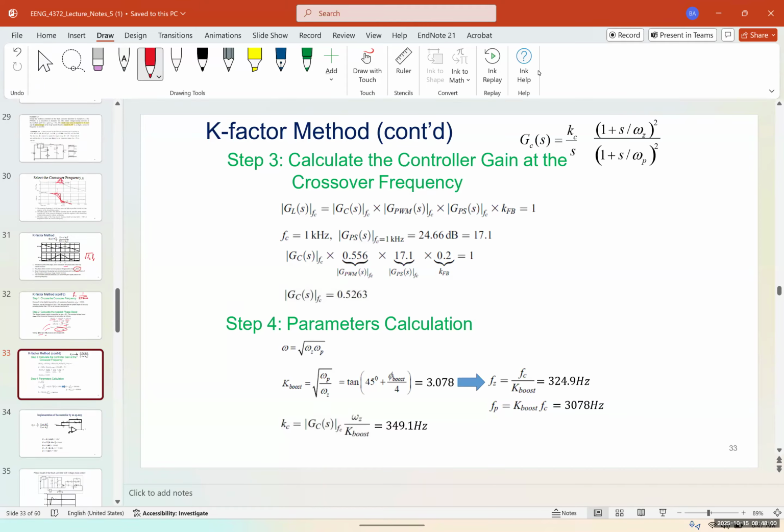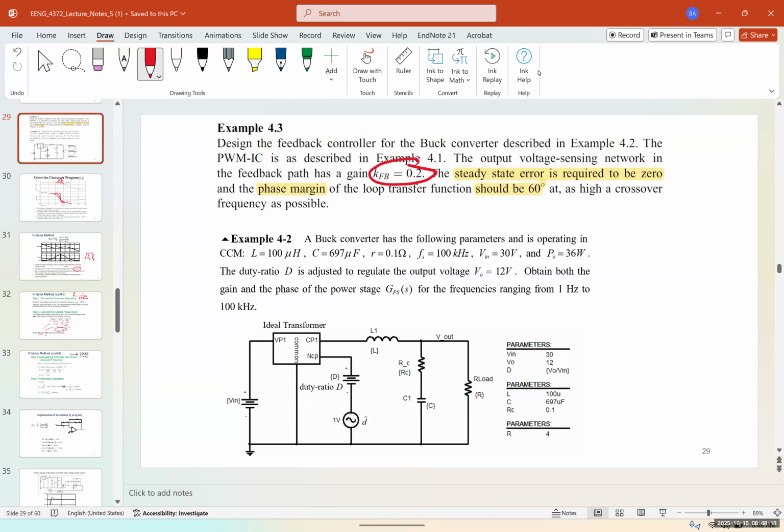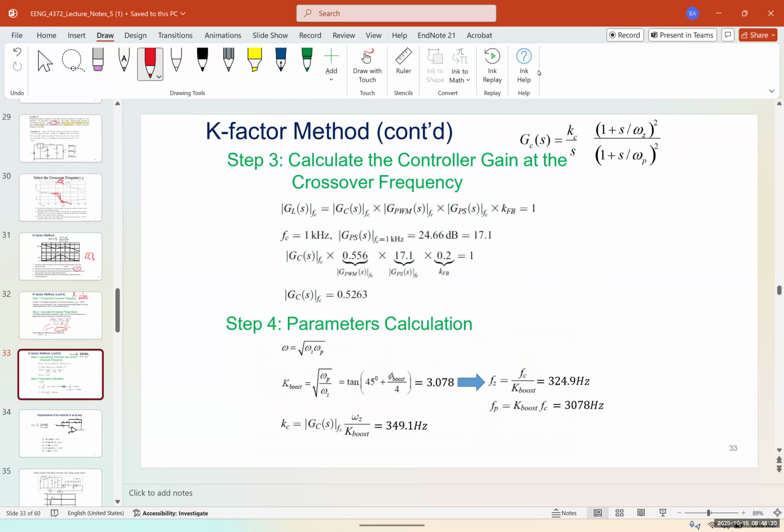In other words, it's 17.1. And therefore, we have GPWM, which is 0.556. GPS, or power stage, is 17.1. And KFB, the feedback gain, again, we have it from here, I think. Yes, it's going to be 0.2. That's going to be equal to 1. Therefore, the controller gain at the crossover frequency is 0.5263.